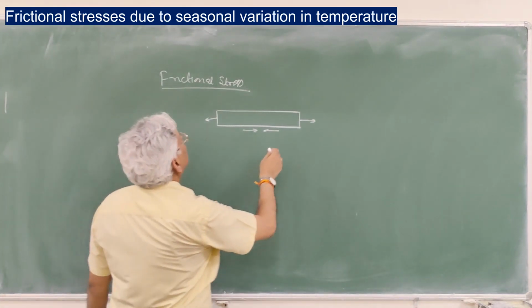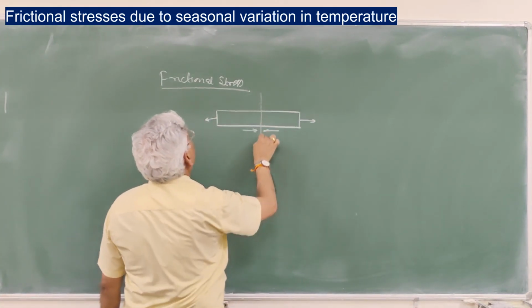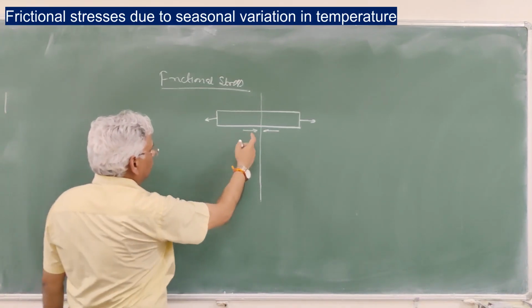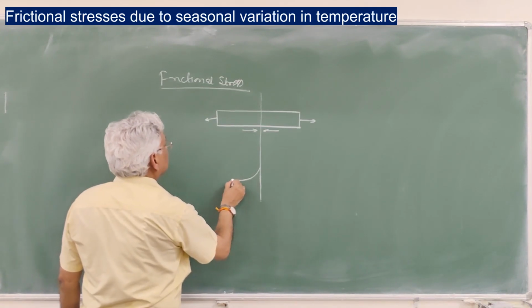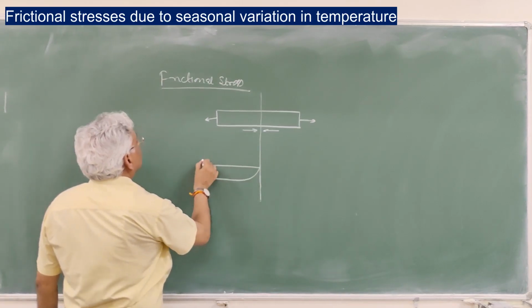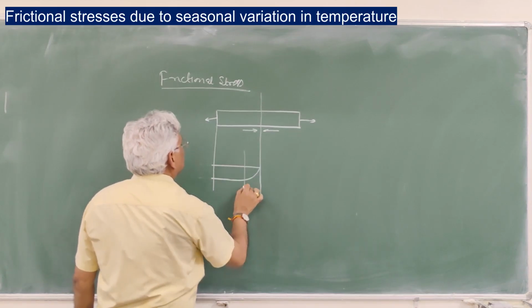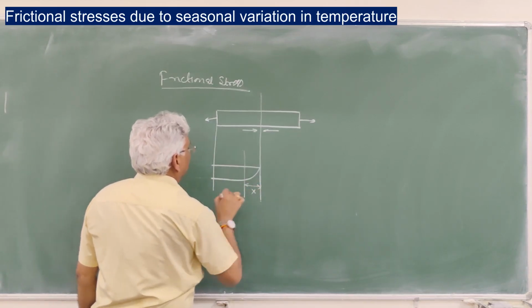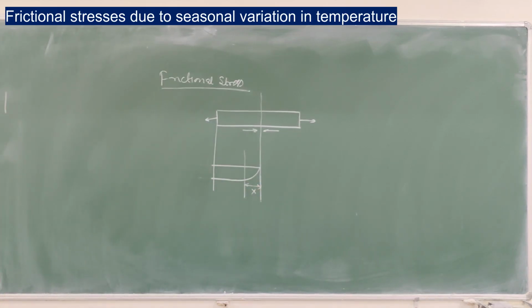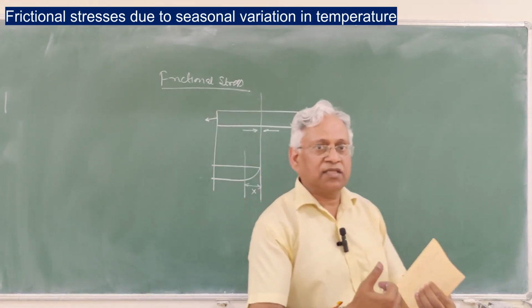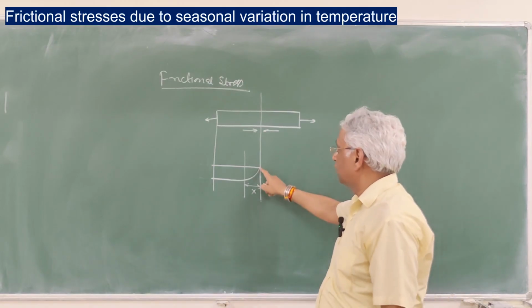And if you consider, let us say, half of the slab length, then this force develops like this. This force develops maximum here at a distance of x. Initially at the center of the slab, because it is basically resisting from both sides, there is no frictional force.